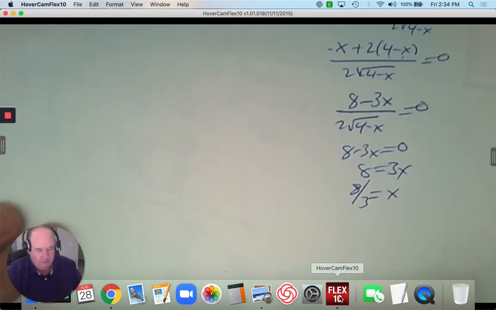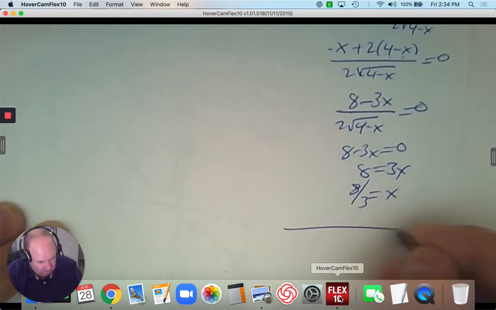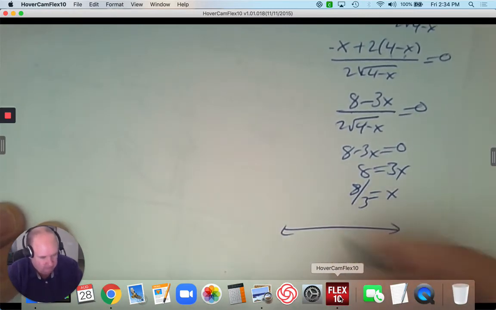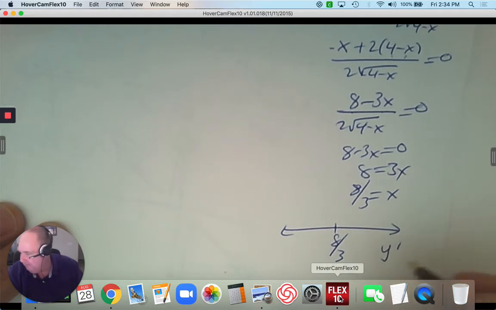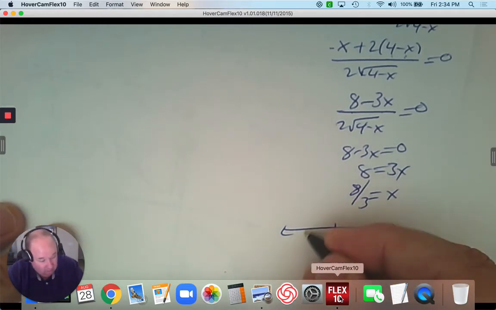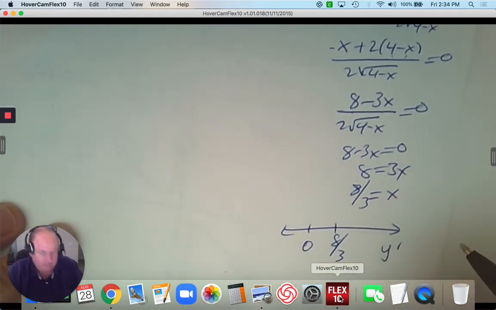Which is almost 3. So all that work to get to a number line for the first derivative, just 8/3. So for only 8/3, oh, and 0, because at 0 it's undefined.